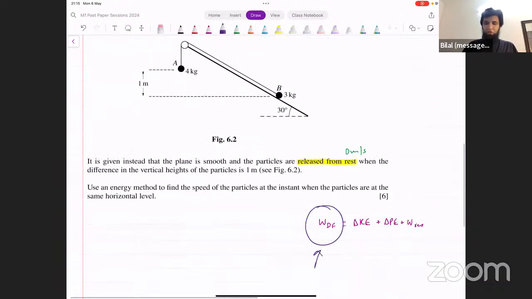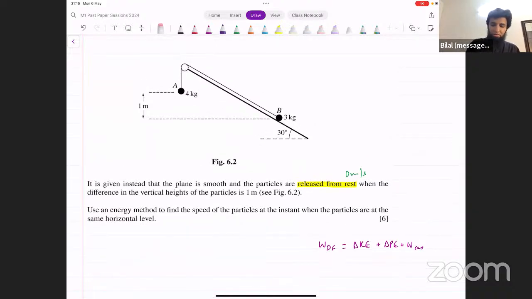For using this method, we need the driving force and the resistance. So we need to represent the forces acting on these particles. What are the forces acting on these particles again? We have the weight of the objects. For A, we've got weight acting downwards, that is 40 Newton. But remember, weight is not considered a driving force.